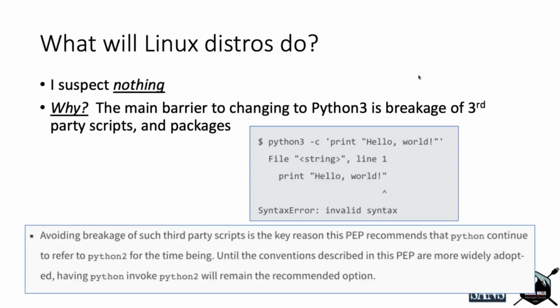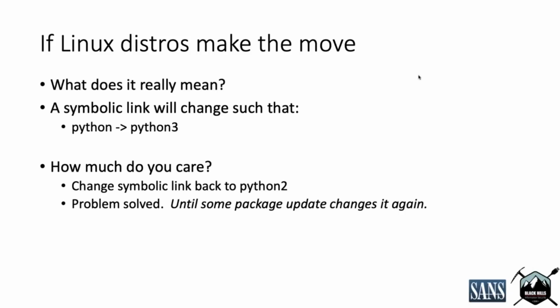However, the Linux distributions are free to change that if they want to, so we do need to keep an eye on it. If they do change it, what does it really mean? Well, not a lot. In the Linux world, it means that your friendly system administrator, and that might be yourself, does an su and relinks the python command to Python 2 instead of Python 3.